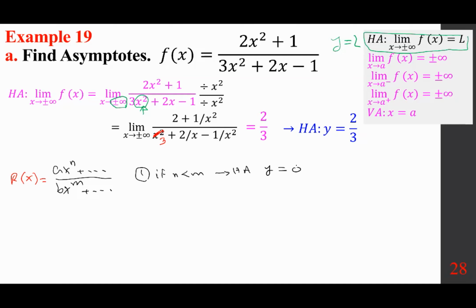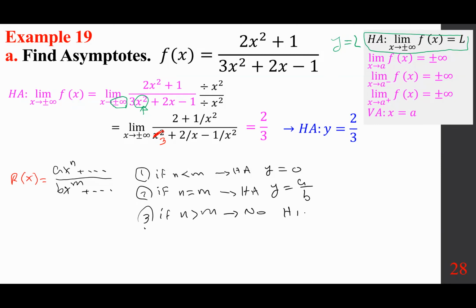If n equals m, then the horizontal asymptote is y equals a over b, the leading coefficients of the top and the bottom, as happens here. If n is larger than m, there is no horizontal asymptote.